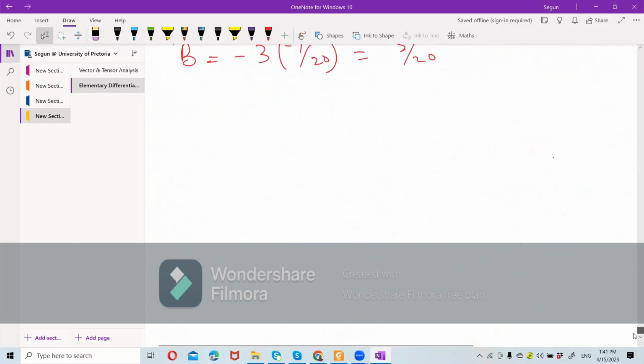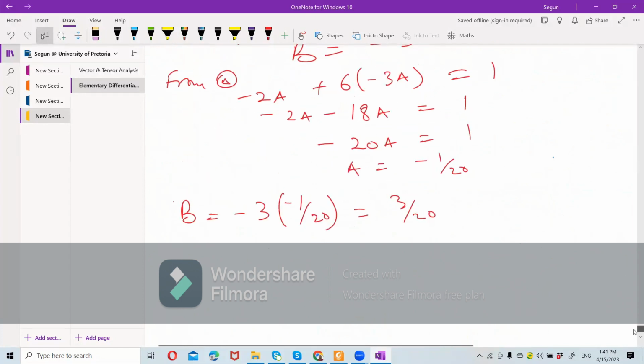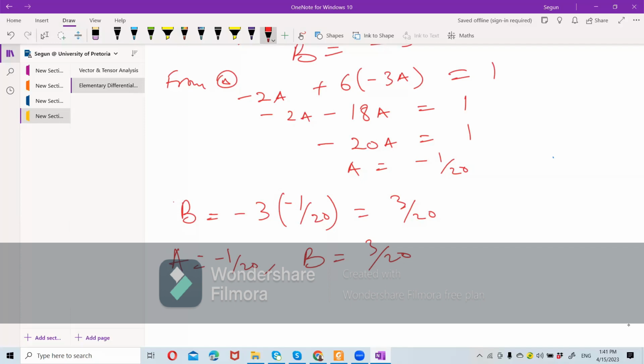So that is it. Okay, sir. It's clear now. Now we have a to be equals to minus 1 over 20, b to be equals to 3 over 20. Any question? No, sir. At least it makes sense now.